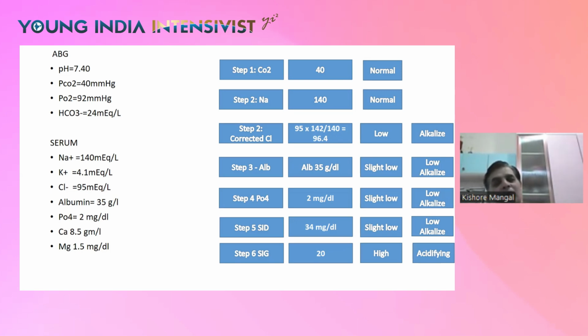Right? So the Stewart's approach has been able to identify it. The first and easiest thing which gives us the hint that not everything is normal is the presence of hypochloremia. Once we see that there is disturbance in the sodium or in the chloride, that means some definitely metabolic problem is there.